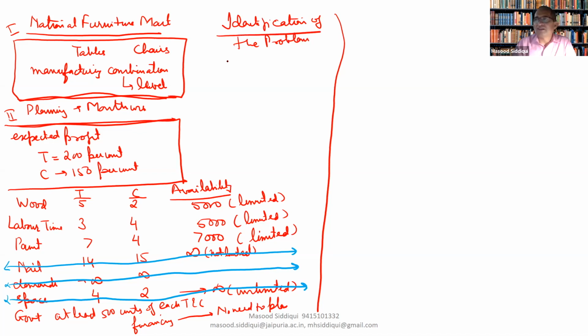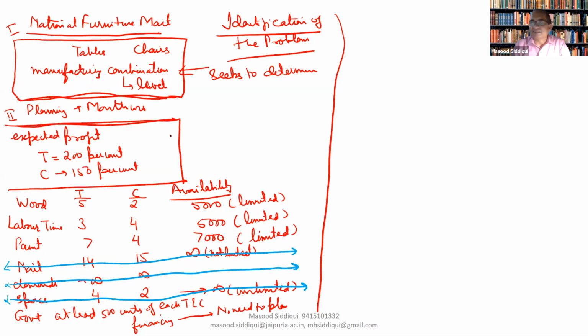So we have identified the problem, that these are the things that should be under consideration. The first part is what the entrepreneur Harsh wants: he seeks to determine the best possible manufacturing combination, that is, the number of tables and the number of chairs.